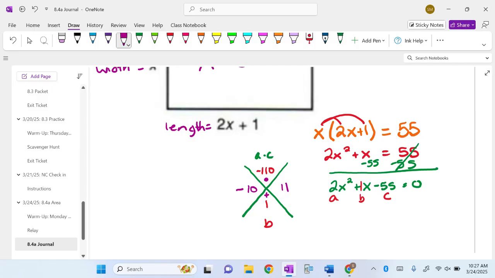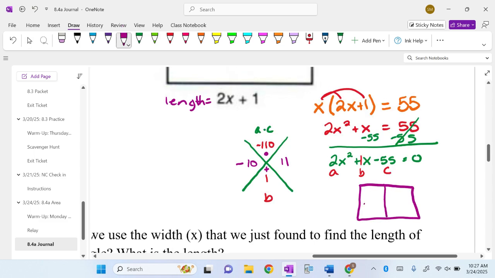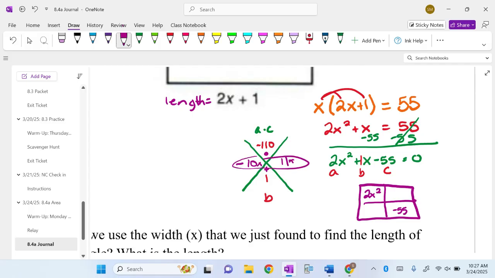Now, we're going to do a quick reverse box. So I put 2x squared in the top left, negative 55 in the bottom right, and I'm using my two factors to replace the positive 1x. So I'll put 11x here, negative 10x here. Now, what are the only two values that can multiply to 2x squared? x and 2x.